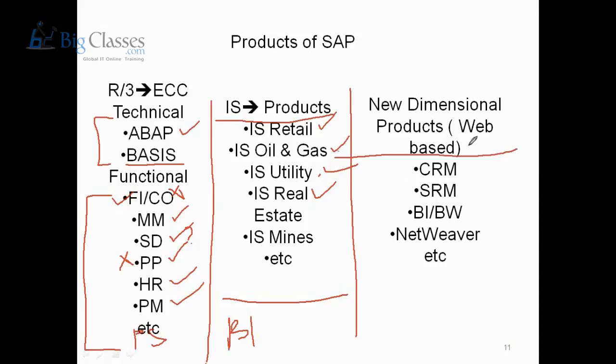Let's say we are a big concern manufacturing cement. Who is our customer? A dealer or distributor. As we are using SAP, can we say our dealer has to work on SAP? Is it possible? No, because implementing SAP involves huge cost.